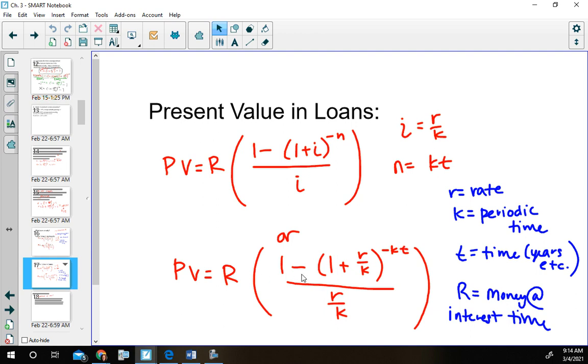Notice this is 1 minus, because hopefully we're paying off a loan, putting money into something to get that down further. This is called present value, the present value of what you're going to be paying. And that R is going to be your monthly payments most likely, or yearly payments, the payments you're putting into it.